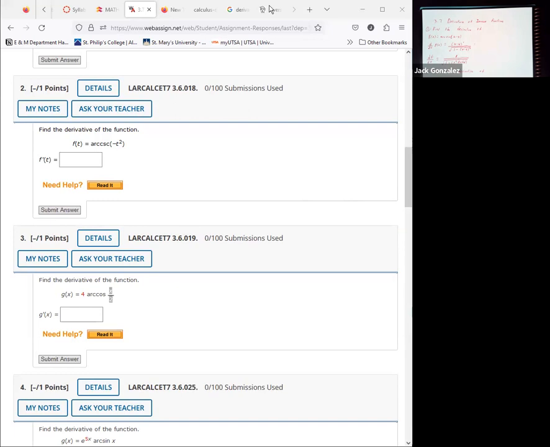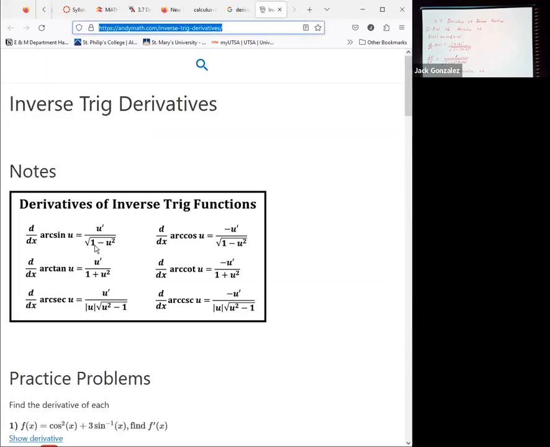Okay. The derivative of arc cosine is the same as before, except there's a minus in front. So the derivative would be equal to, that 4 is going to come along for the ride, so it'll be negative 4 times the derivative of this argument over the square root.